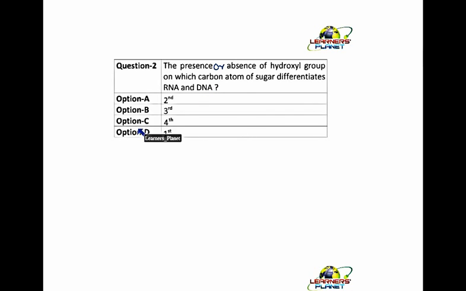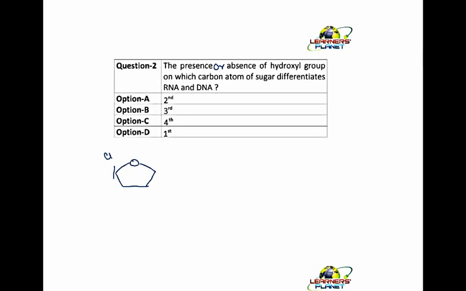Deoxy. At which position is the hydroxyl group lacking? I'll draw the structure over here, students. This is O, and it is a pentose sugar. Ribose and deoxyribose are pentose sugars.